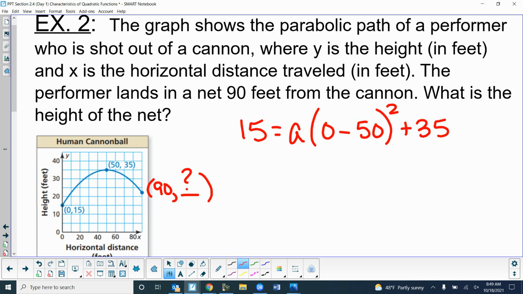All right, so do what's in parentheses first. What's 0 minus 50? Negative 50. And then we got to square that. So what's negative 50 times negative 50? 2,500. I like to put it in front just so it looks like what we're used to seeing. All right, so we'll subtract 35.